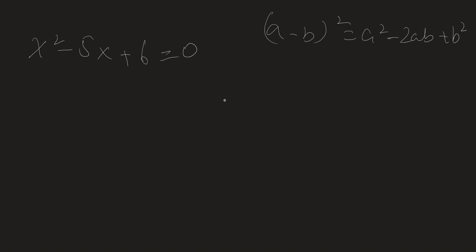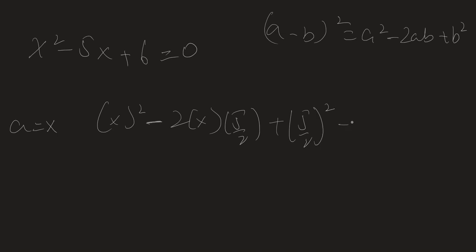Let's try another example. Now here we'll be using the second identity as it's x squared minus 5x. So we'll be using (a minus b) whole square. So our a will be x, so x squared minus 2 times x times b, and b will be 5 over 2 again, as the coefficient of x is 5.